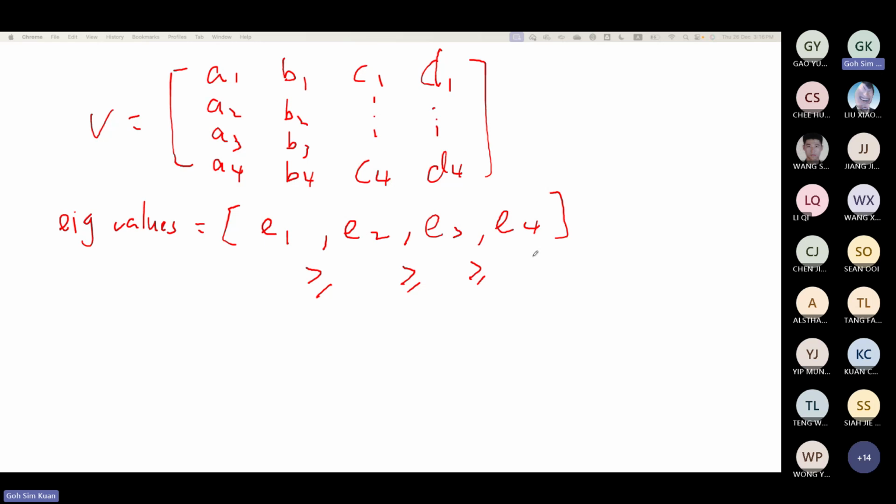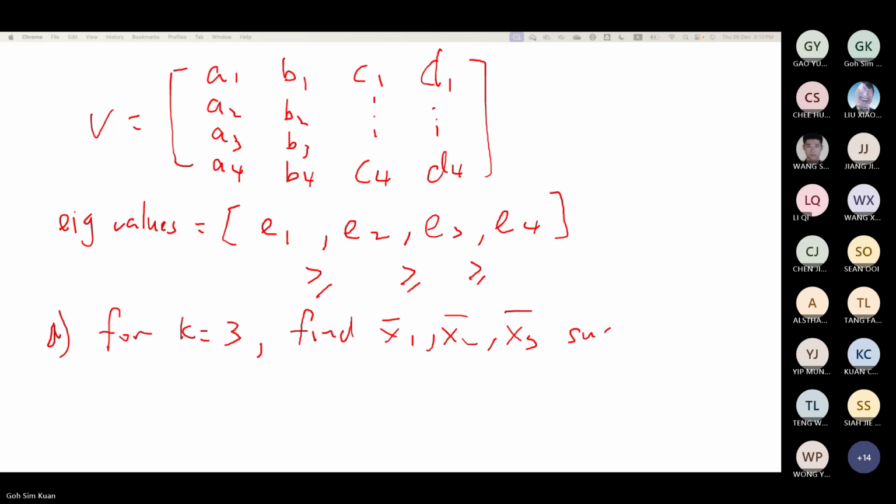Okay, so the question here is, let's say for k equals 3, find x1 bar, x2 bar, and x3 bar such that f is maximum.